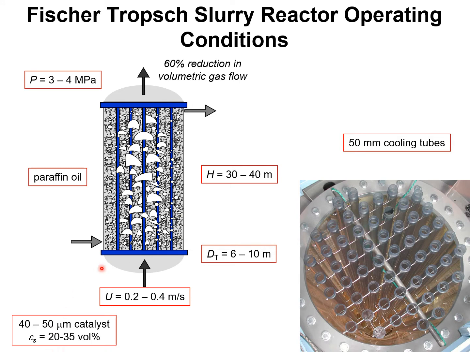It's important to note that the catalyst used for the Fischer Tropsch reactor is in the range of 40 to 50 micrometers, and the catalyst concentration is about 20 to 35 volume percent based on the liquid phase in the reactor. So it's a highly concentrated catalyst within the liquid phase in the FT reactor.